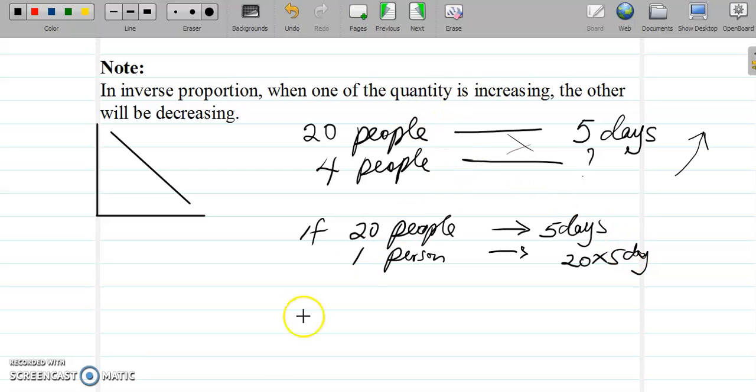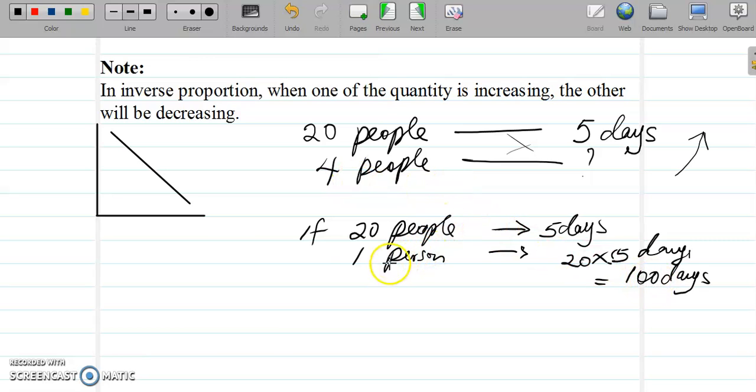One person will do the work in 20 times what? 5. And 20 times 5 gives us what? 100. You can see that one person will do the work in 100 days. So if one person can do the work in 100 days, then 4 people will do the work in 100 days divided by 4. 10 people will do the work in 100 days divided by 10.